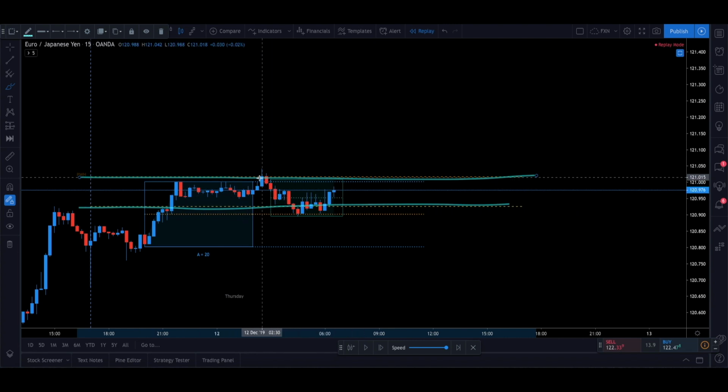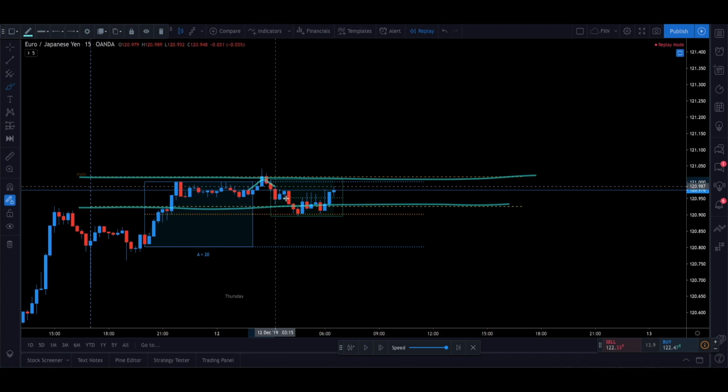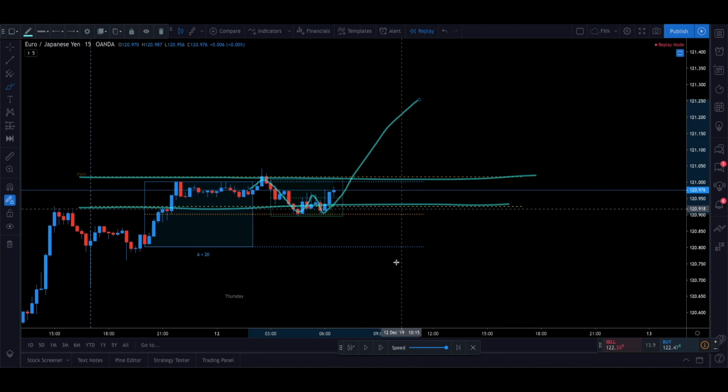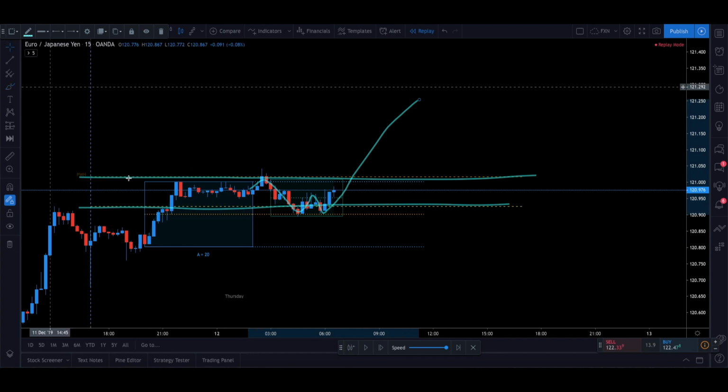So we see that we basically come out of the range. We go immediately to previous week's high. We come down to the middle of the range, go back up, come back down and retest it. And then now we're going to go ahead and start taking off.